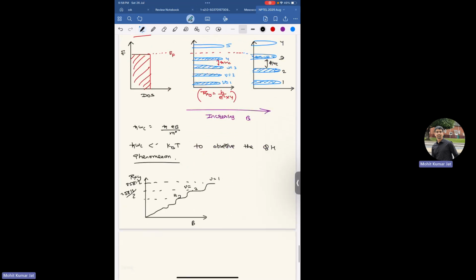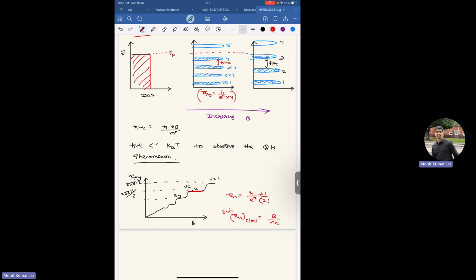So if you see this one here, in this range of the magnetic field, the value of Rxy is constant. Here Rh is constant, h by e squared times 1 by nu, 1 by 2 here in this case. But classical should go as, because your VH should go like B by Ne, right?